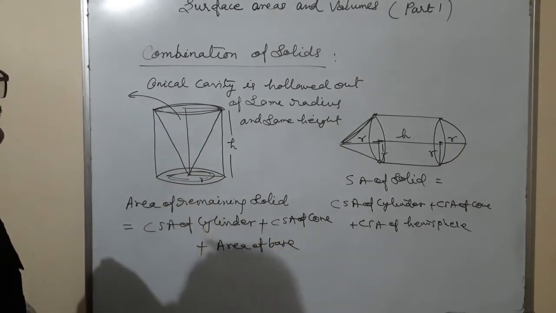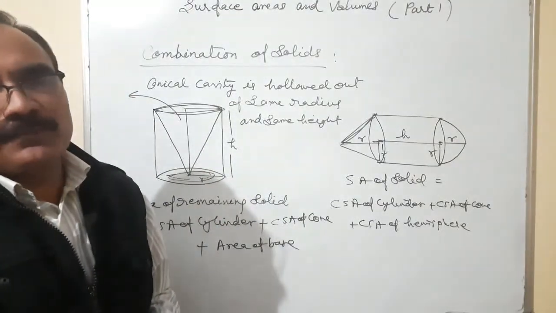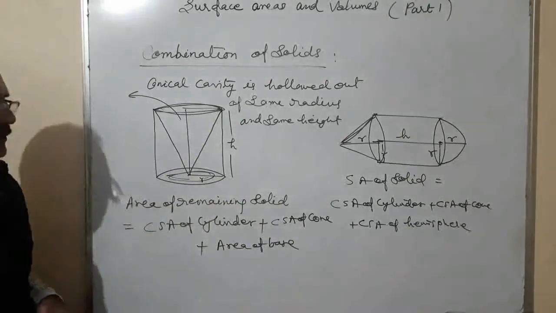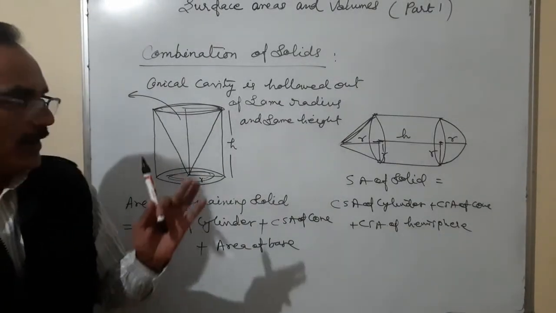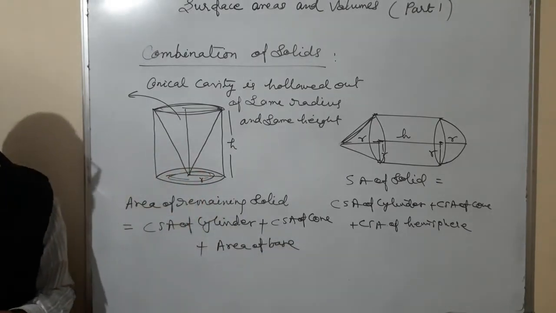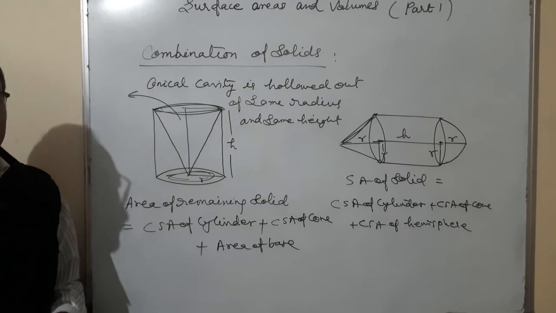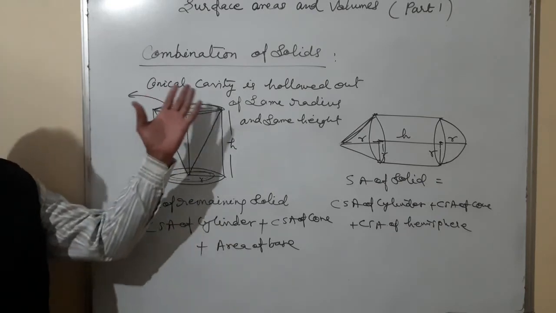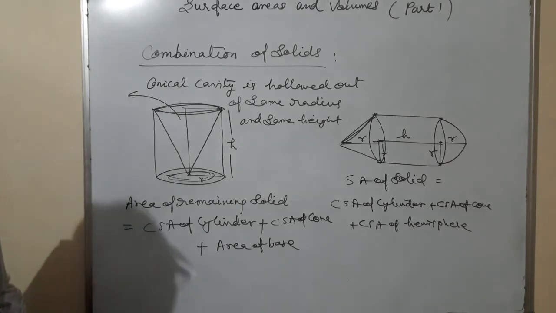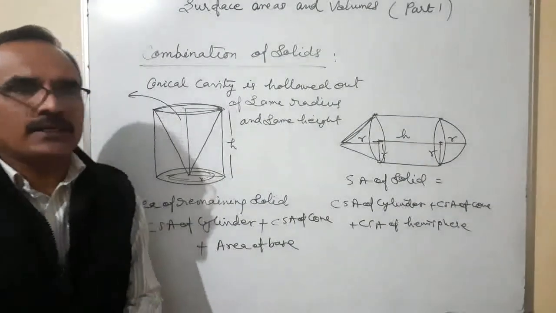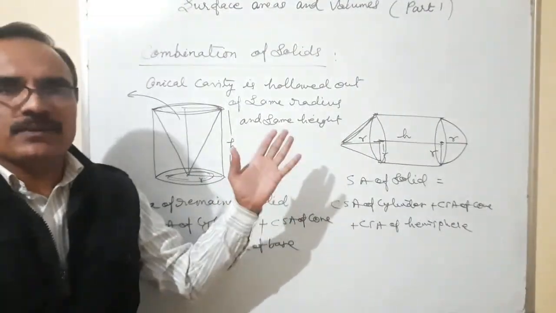This is the concept of combination of two or more figures. First of all, you should understand these things. Number one, memorize all the formulae of cube, cuboid, cylinder, cone, sphere, hemisphere. After that, understand how to combine the figures, and after combination, whether the surface area will be increased or decreased, where we add, where we subtract, and whether CSA or TSA will be used.